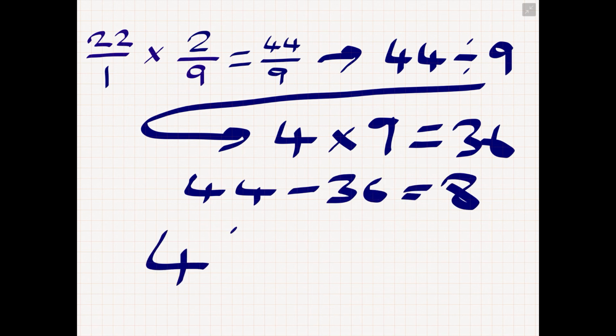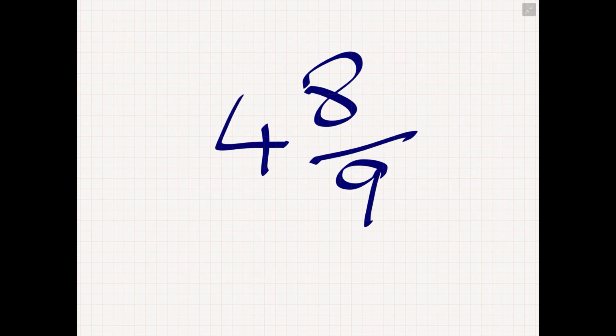So our final answer is 4 and 8 ninths. Now normally you'd also check to see whether this final answer can be simplified or cancelled down any further. In this case 8 ninths can't be simplified, so that remains our final answer, 4 and 8 ninths.